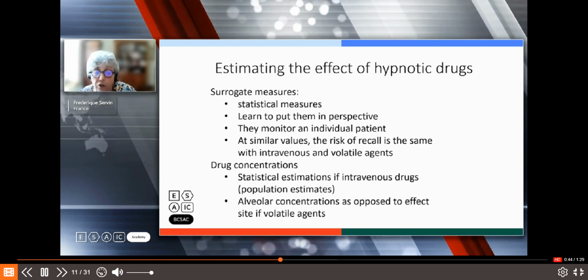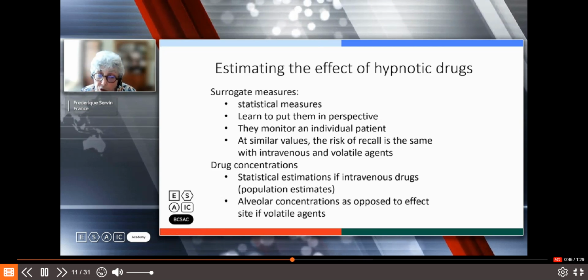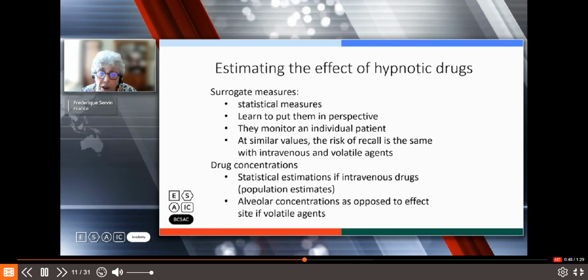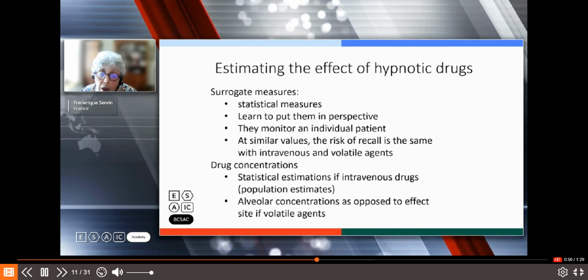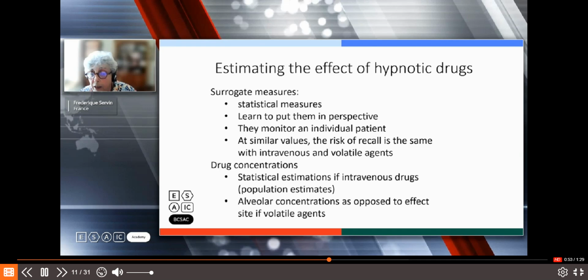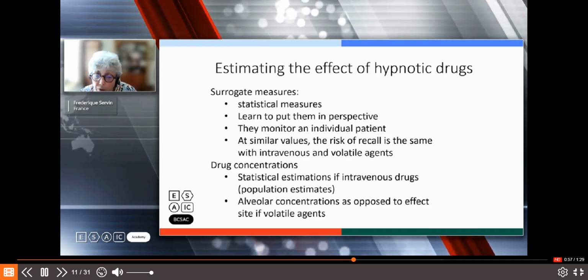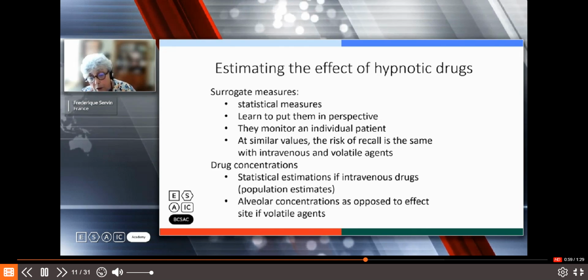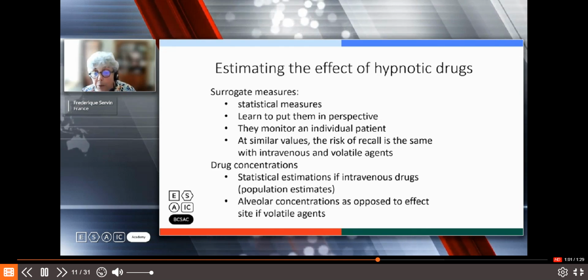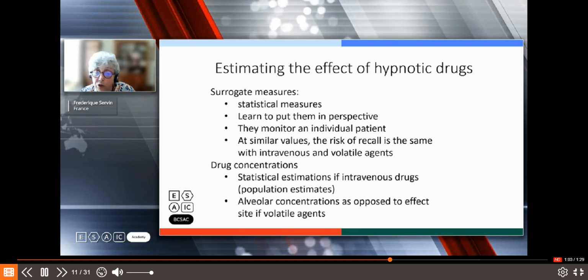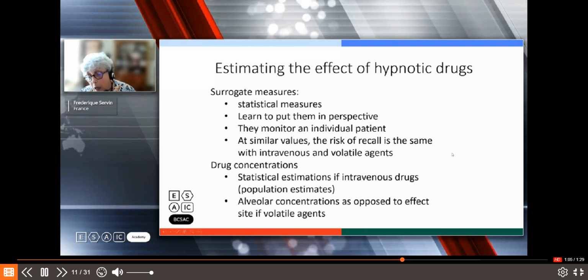Of course, for intravenous drugs, the drug concentration will also be a statistical estimation, population estimates of predicted concentration. But with a volatile, you are more confident because you say that alveolar concentrations are measured.